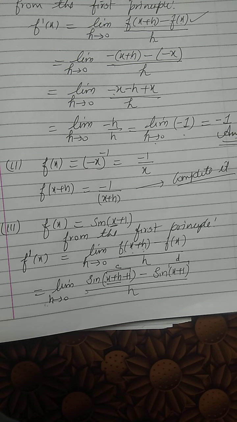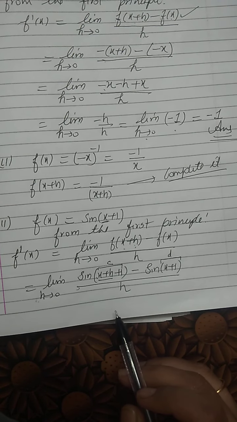And we know what the sin c minus sin d formula is: 2 cos of c plus d by 2 sin of c minus d by 2. So we will apply that formula, and we are getting our answer.